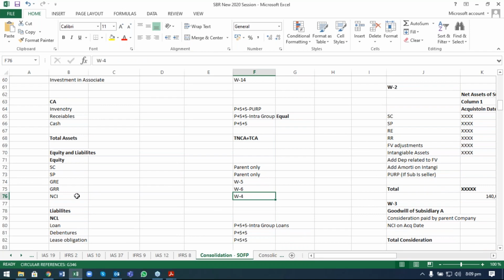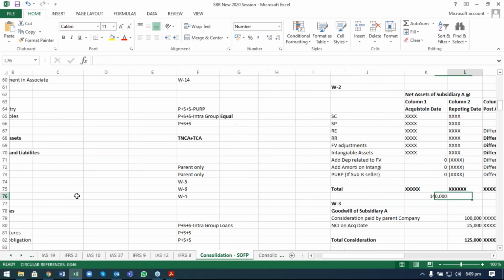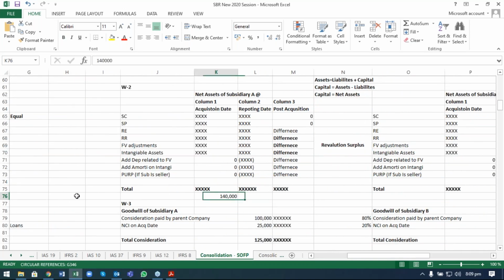So NCI should be added up for all the subsidiaries within the working number 4 you have performed, right? I hope it's clear for everyone how multiple subsidiaries should be accounted for within the consolidated financial statements.